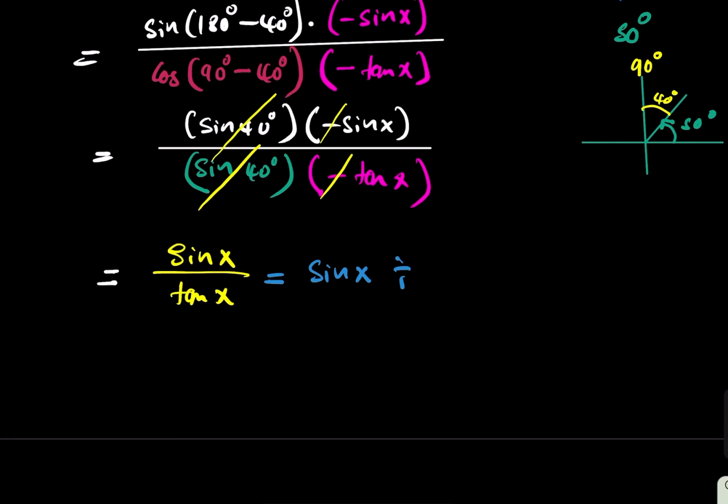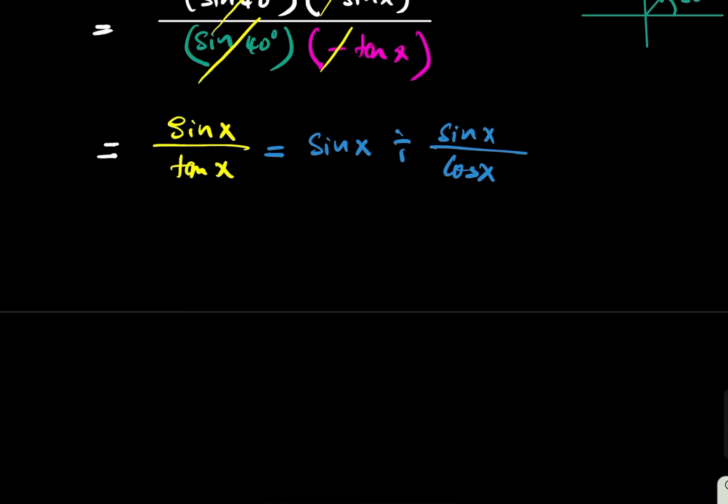But tangent, to simplify it nicely, you can say that is sine x divided by cos x. Now, you are going to apply something which you have learned from the lower grades, since you are in high school. Now, you're going to get a sine x, and then you multiply by the inverse of that, which is really your cos x divided by sine x.